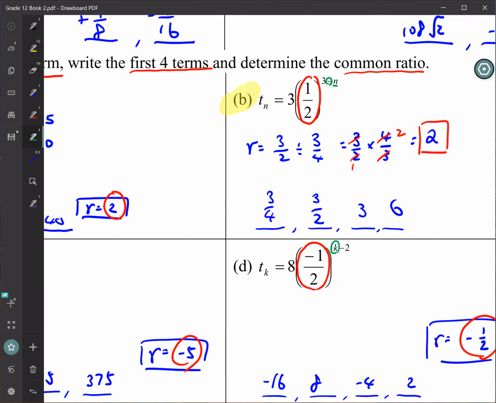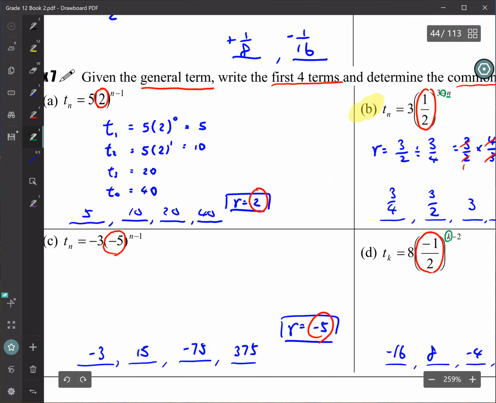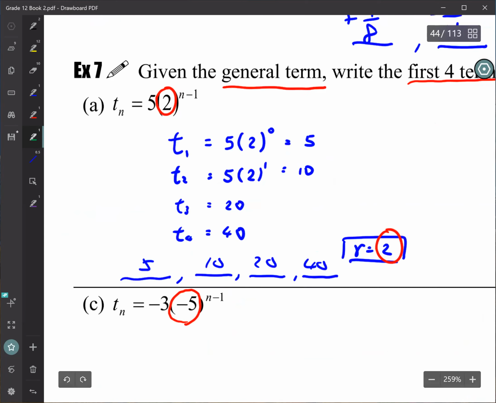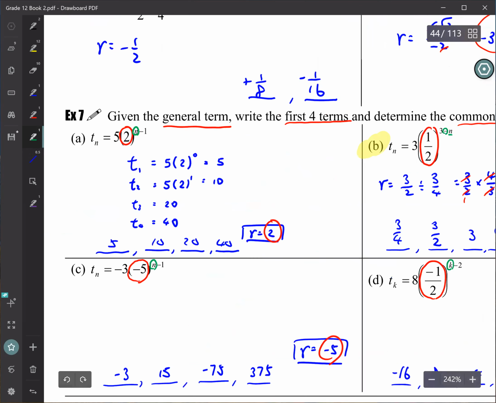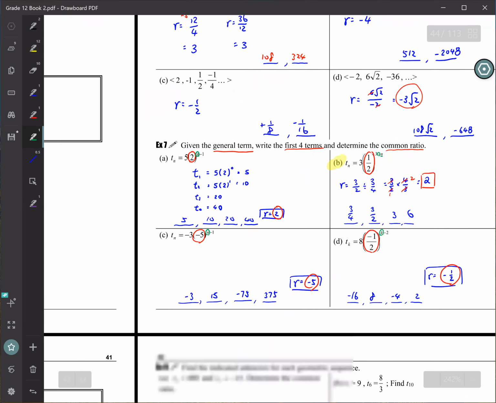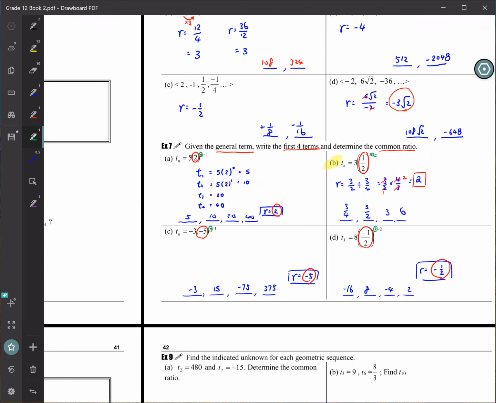Also for question A and B, the n is positive. Only question B has a negative in front. That's why the ratio, you've got to flip it. Okay, so other than that, let's move on to geometry now.